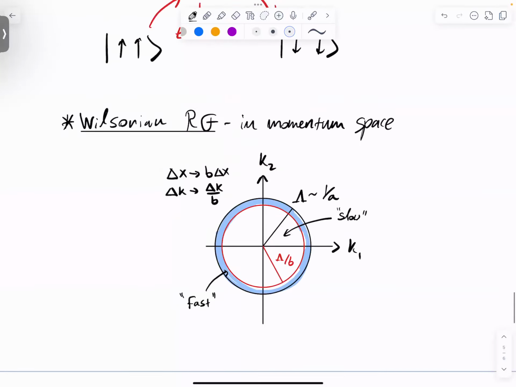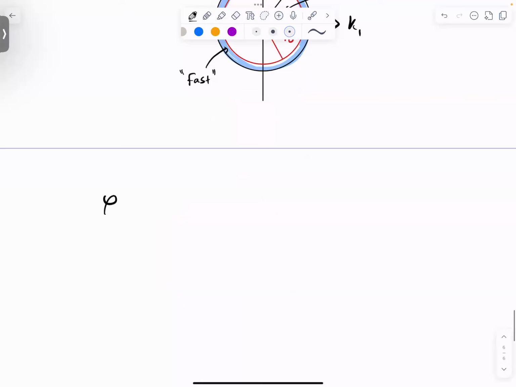First thing I want to mention is that if I have a field phi of k, then I can basically divide it into two regimes. So I have phi slow if k is smaller than lambda over b, and phi fast of k if k is between lambda over b and lambda.